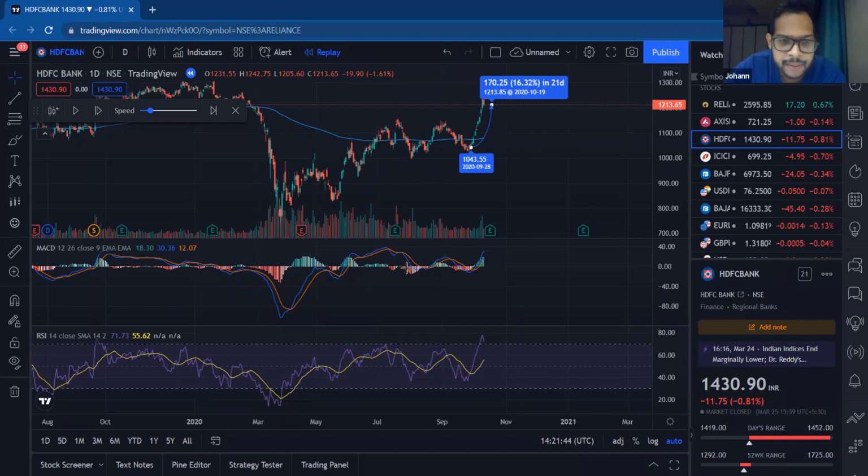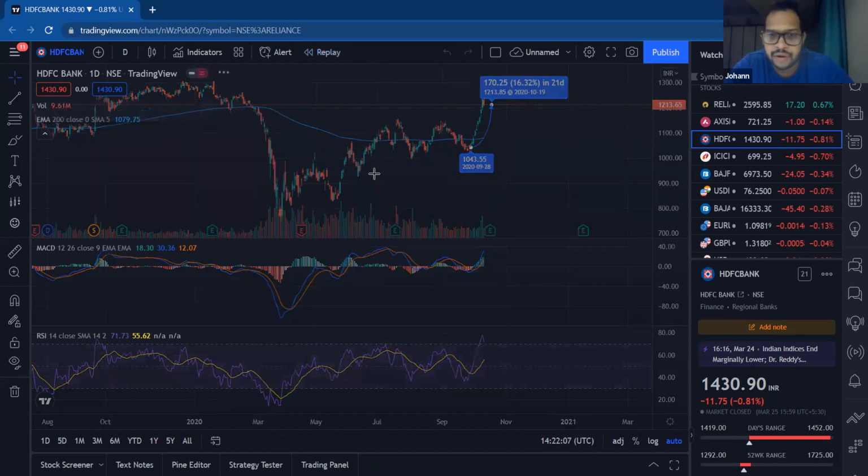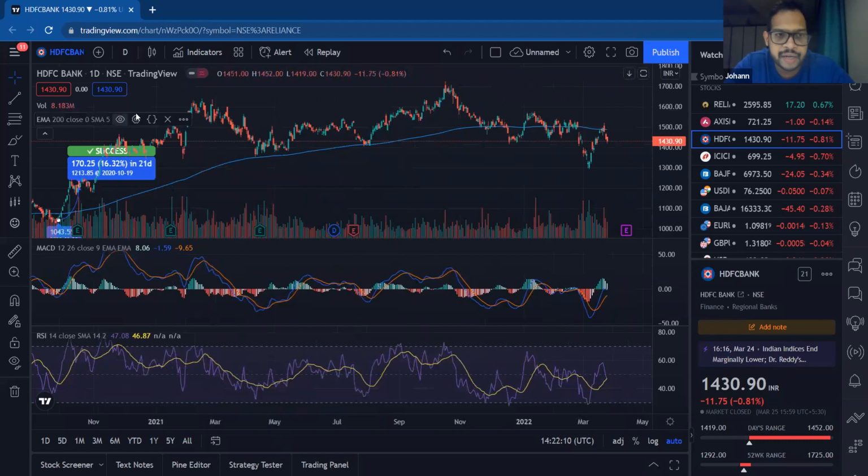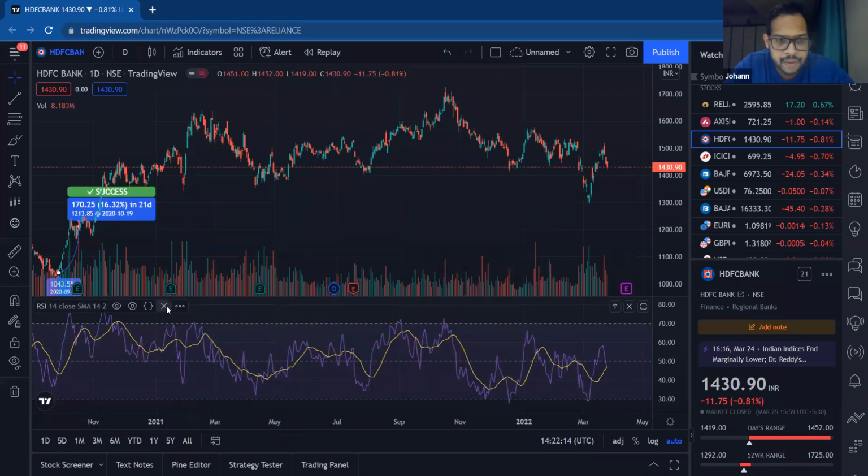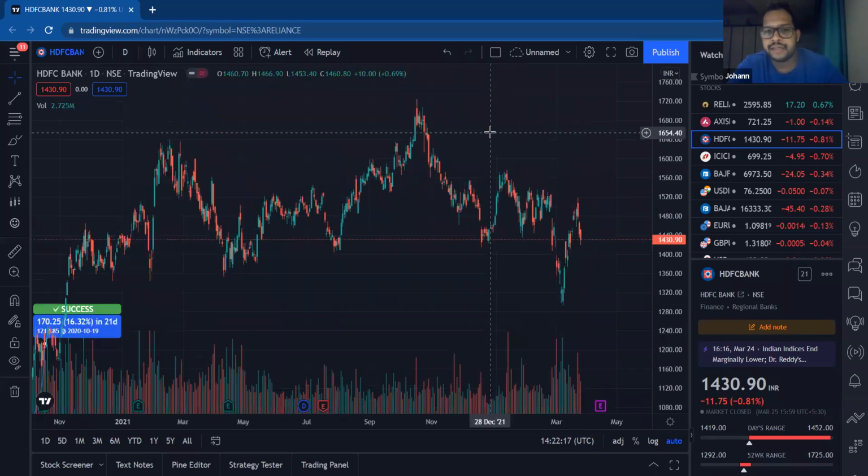But yeah, coming to, okay, why use indicators if you are saying price action? Indicators help you forecast price action. That's the whole reason why we use indicators. Let me give you a simple scenario where we don't use indicators. All right, so let me remove the indicators. Now looking at this, tell me something.